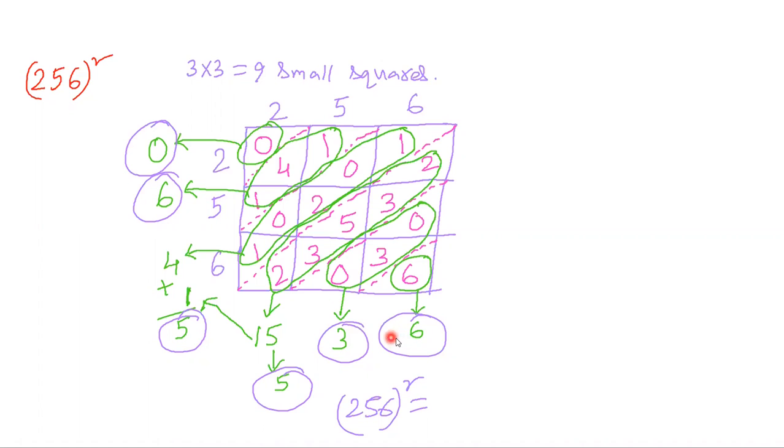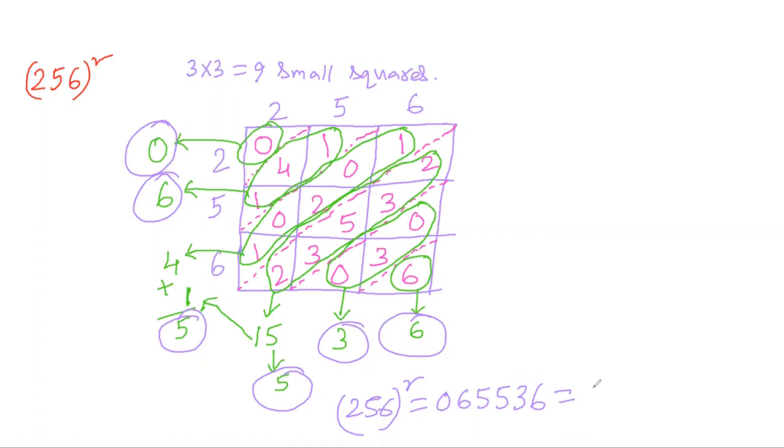So we'll get 0, then 6, then 5, then 5, then 3, then 6. And in the extreme left portion, the writing of 0 is meaningless.